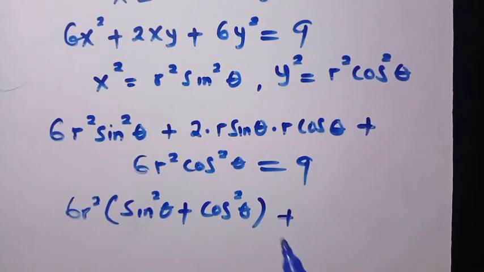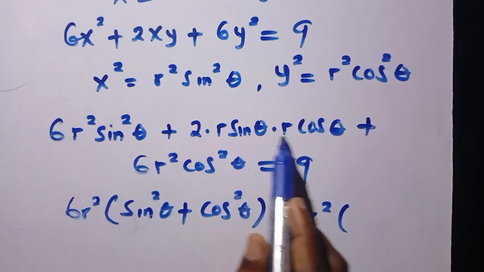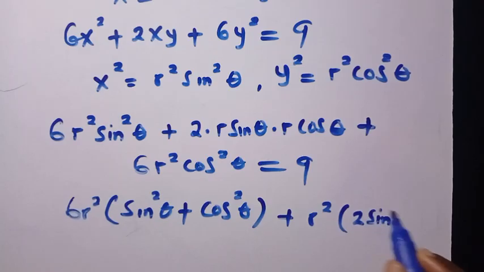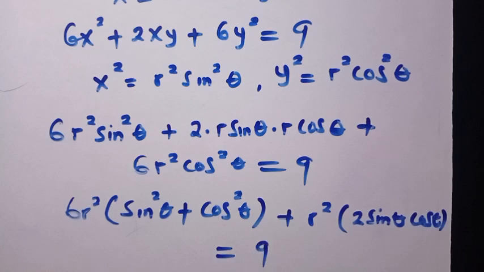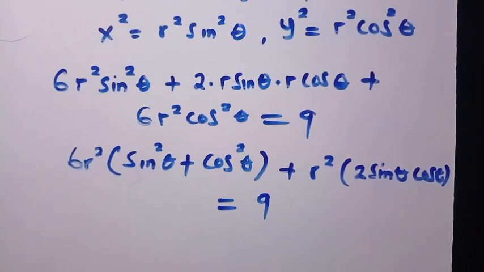Then plus r times r, which is r squared, and in the bracket we have 2 sine theta cos theta, equals 9. So I'm solving this problem step by step.